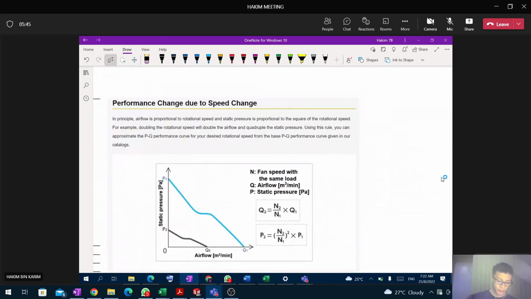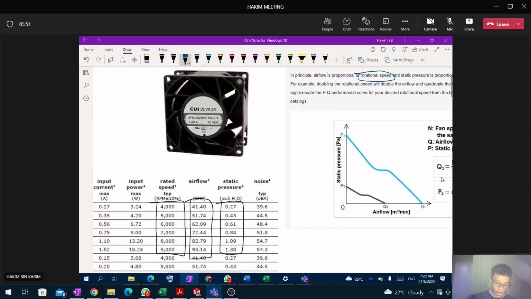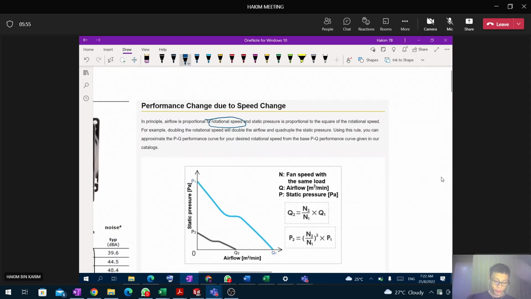It says something like this: airflow is proportional to rotational speed. Rotational speed is this one, rated speed. Rotational speed, rated speed, same thing. In principle, airflow is proportional to rotational speed, and static pressure is proportional to the square of rotational speed. For example, doubling the rotational speed will double the airflow and quadruple the static pressure.